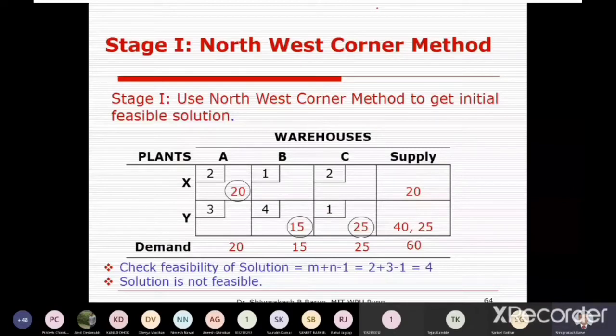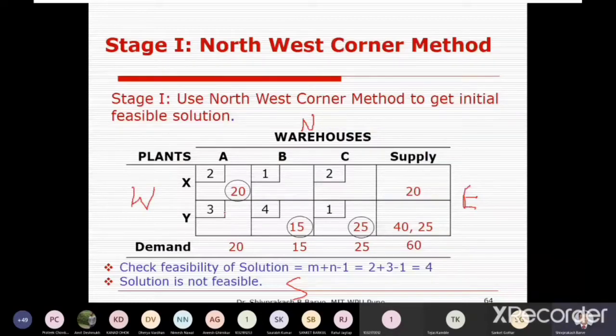So purposely I am using the northwest corner method here to get some iterations. So stage 1: use the northwest corner method to get the initial feasible solution. In the northwest corner method, in this two-dimensional figure, this is north, this is south, this is east, and this is west.